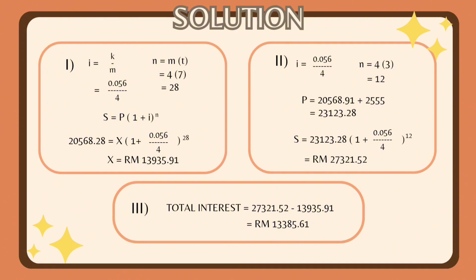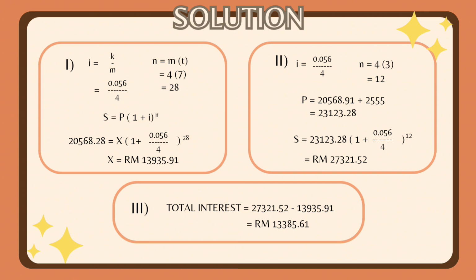For the first question, we have to find the interest rate per period, which is i equals k over m. k is the nominal rate, which is 0.056, and m is the number of times interest is calculated in a year, which is 4. So i equals 0.056 over 4. Next, we have to find n, which is m multiplied by t, where t is the term or length in years. So n equals 4 multiplied by 7, which is 28.